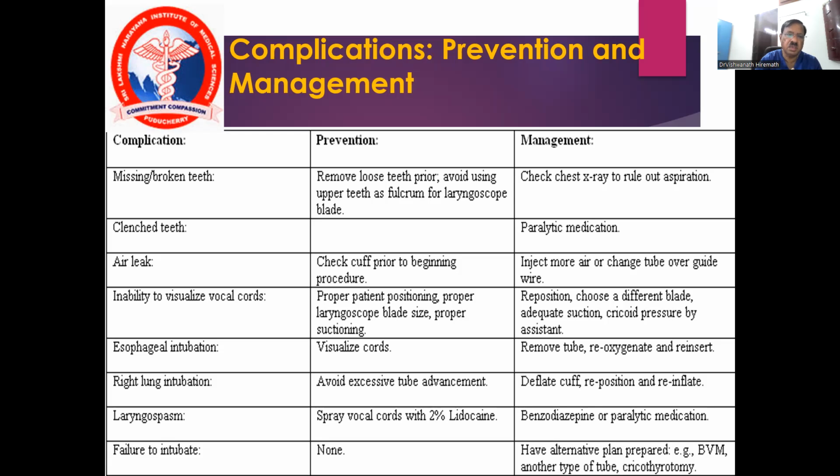Whenever there may be a problem of inability to visualize the vocal cords, proper patient positioning, a proper size laryngoscope blade, and proper suctioning are needed in order to overcome the difficulty in visualization of the cords.